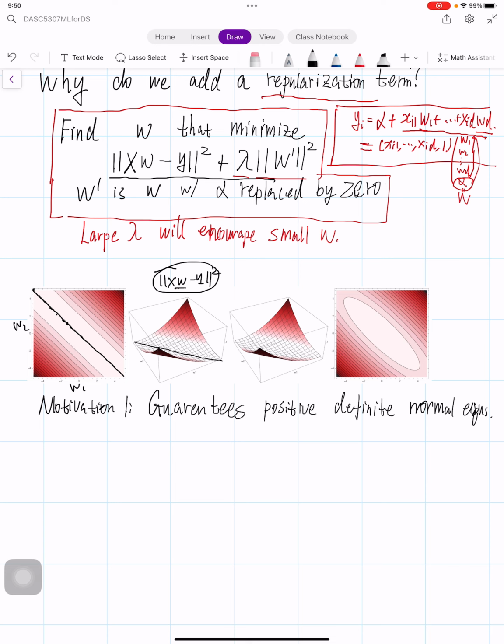But if we add a regularization term, this will be the contour plot here. This makes our contour plot elliptical, more convex, such that the solution is unique. The minimizer is unique.